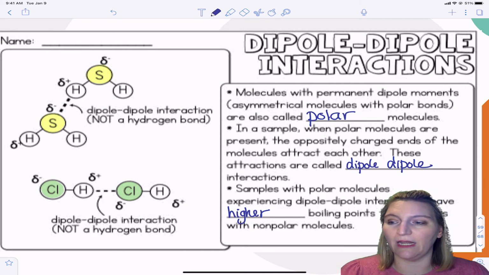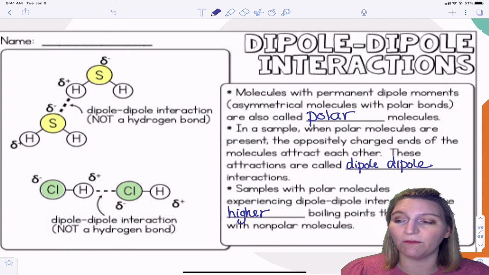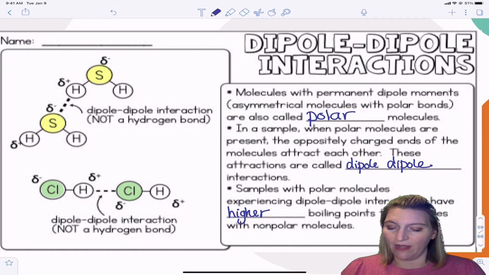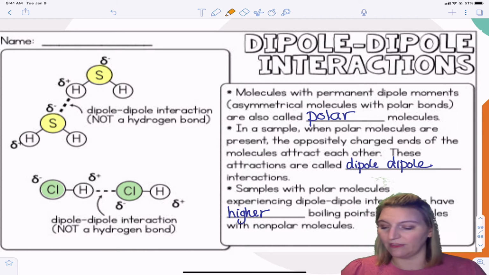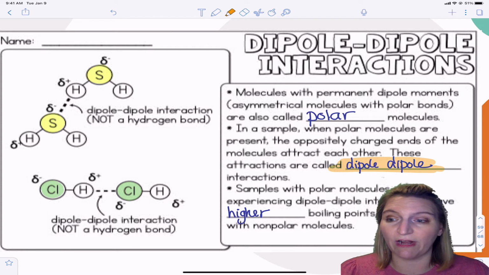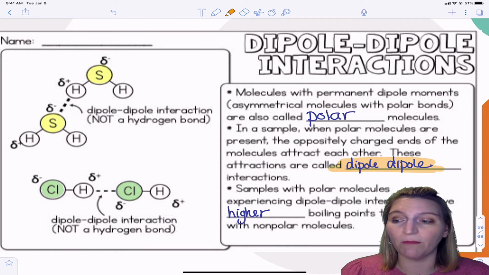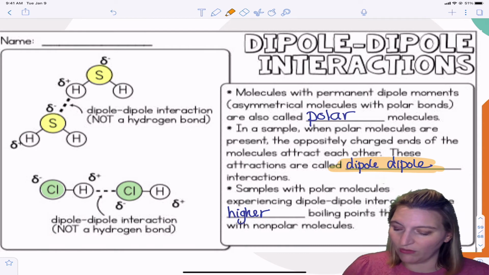And in a sample, when polar molecules are present, the oppositely charged ends of the molecules attract each other. These are called dipole-dipole interactions, because a polar molecule is attracted to another polar molecule. Samples with these polar molecules experience dipole-dipole interactions.